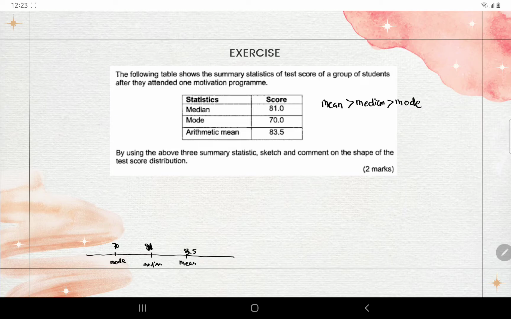If the mean is greater than the mode, the distribution is skewed to the right, based on the previous slide. So we need to sketch the distribution graph where it is skewed to the right. It looks something like this. So it is skewed to the right. That's the solution for this question.